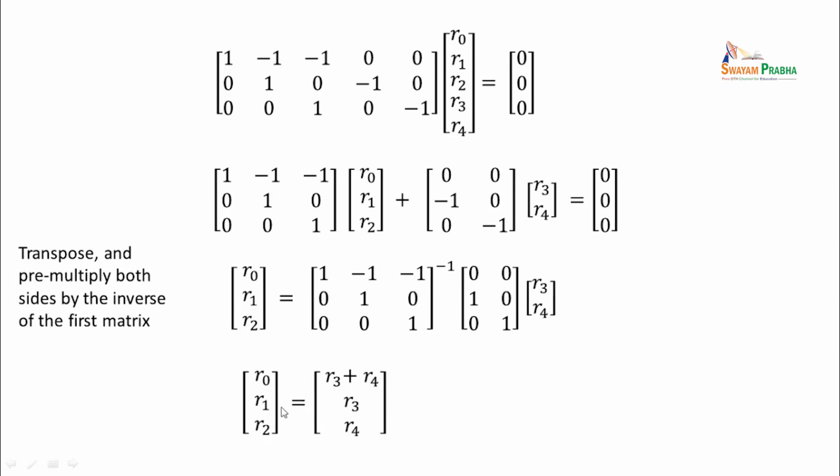If you work things out, this pre-multiplication would result in R3 plus R4, R3 and R4. Therefore, R0 equals R3 plus R4, R1 equals R3, R2 equals R4. So just by doing this kind of manipulation, we directly get the intracellular rates based on the extracellular rates that can be measured. That's powerful.